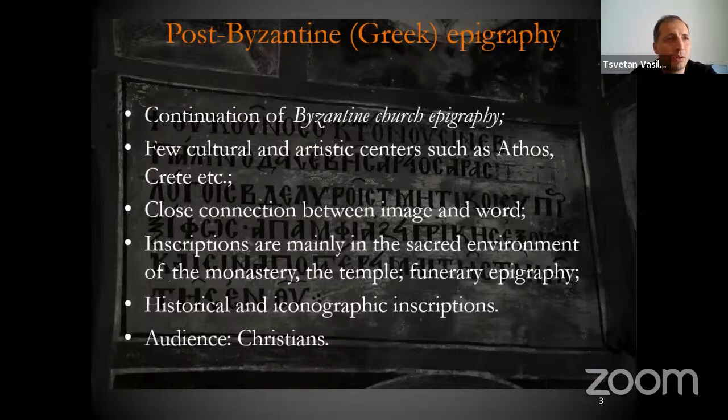This is a topic that is widely discussed in the scientific literature, the connection between the picture itself, the icon, the mural, and the inscription. So we cannot simply divide the image and the inscription. We have to deal with both of these objects. They're part of one and the same thing.